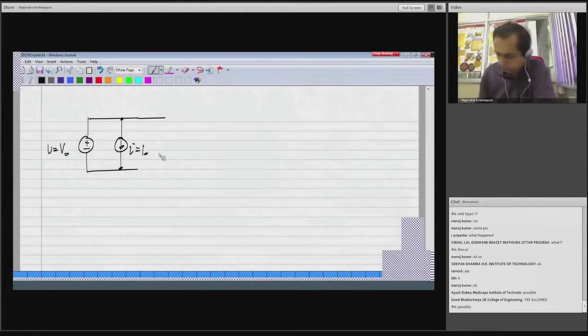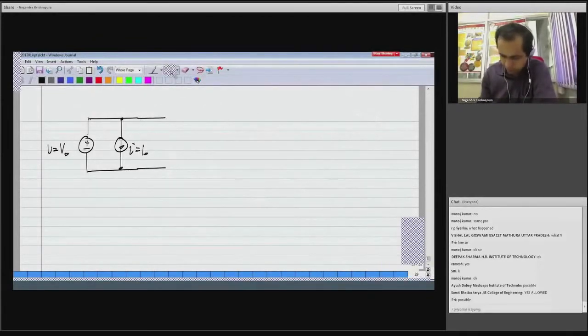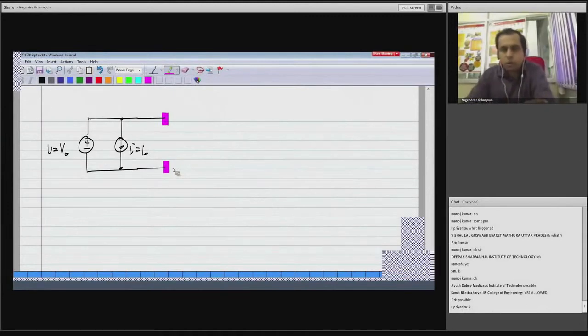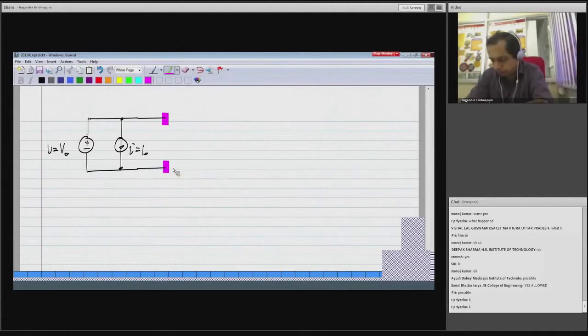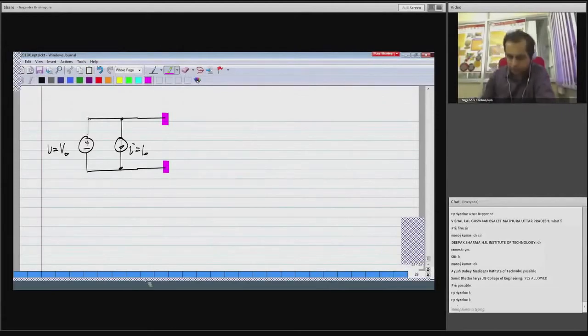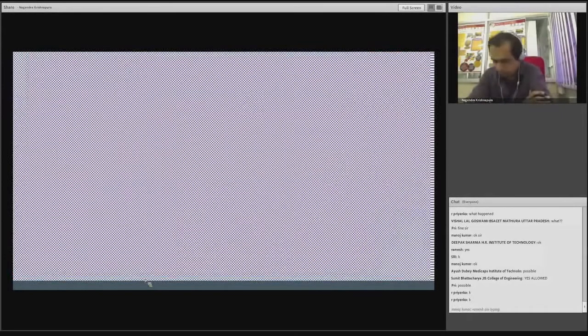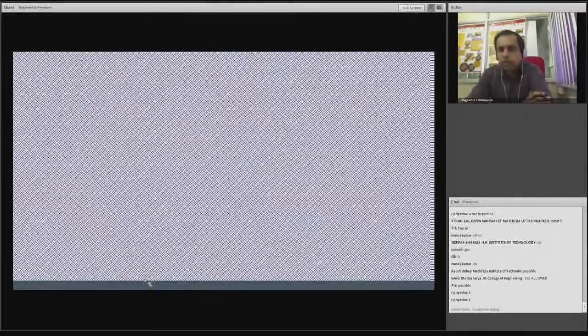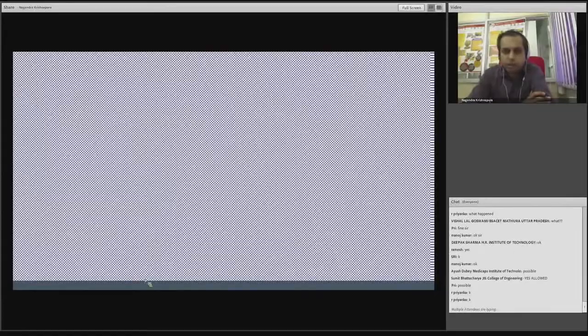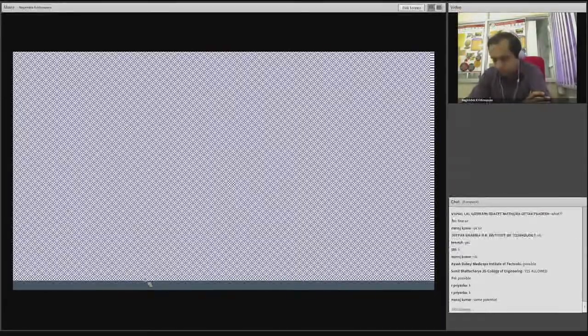Now I have these two terminals here. What will it look like between these two terminals, this combination? We have a parallel combination of a voltage source V naught and a current source I naught. So from the two terminals, what will the combination look like?